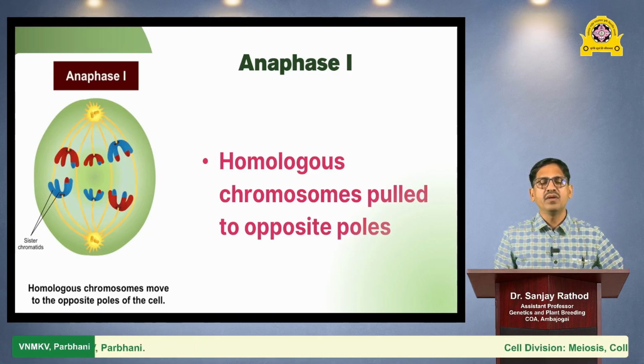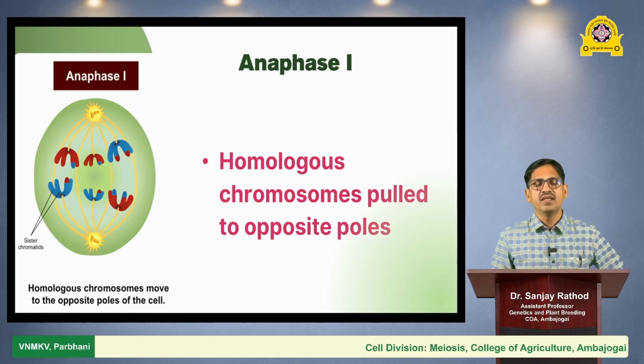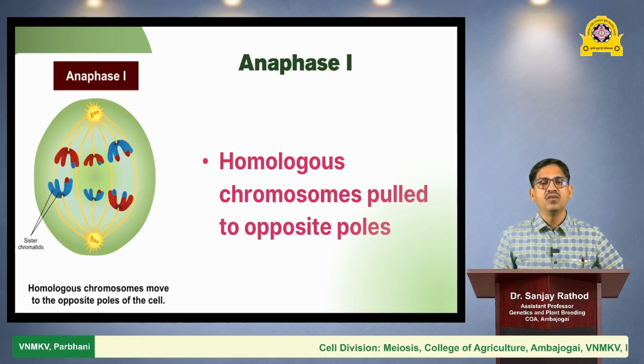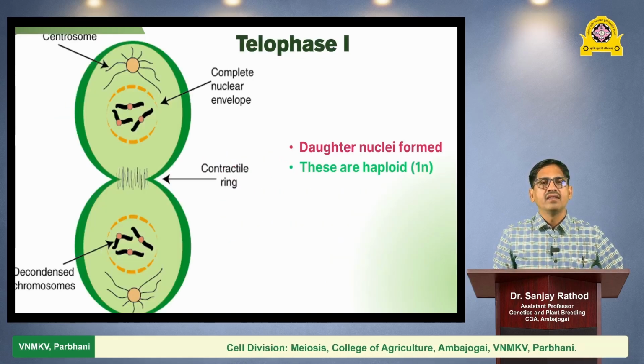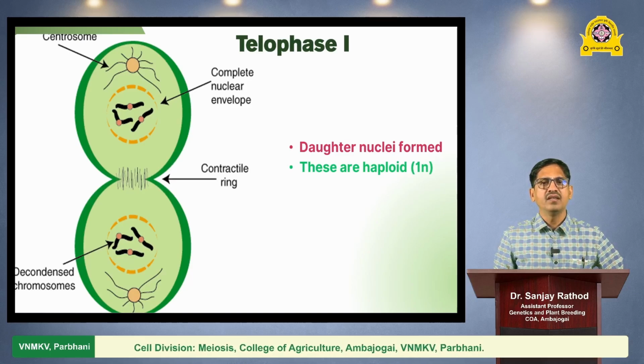The sister chromatids get separated in anaphase, whereas in anaphase first of meiosis, the homologous chromosomes are separated. After anaphase first, when the cell enters telophase, the daughter nuclei are formed, which are 2 in number, but genetically haploid in nature.